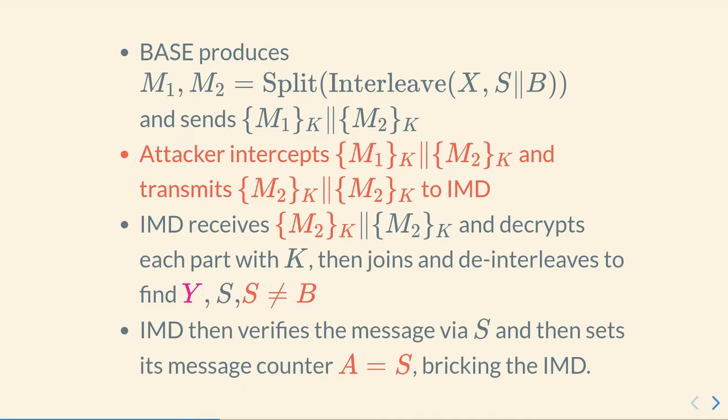So the implanted medical device receives the M2 encrypted with K joined with M2 encrypted with K, and then decrypts each part with K, and then joins and deinterleaves to find something different.